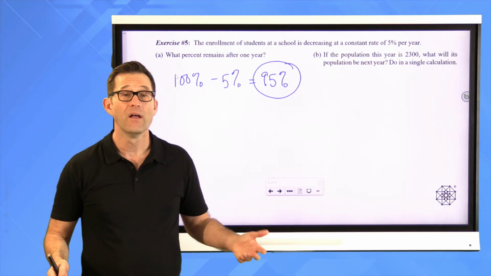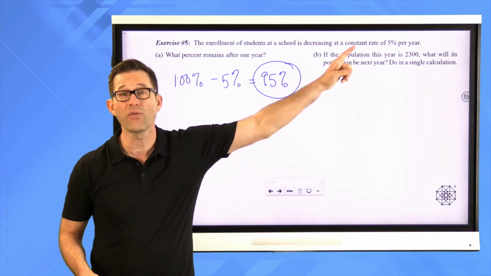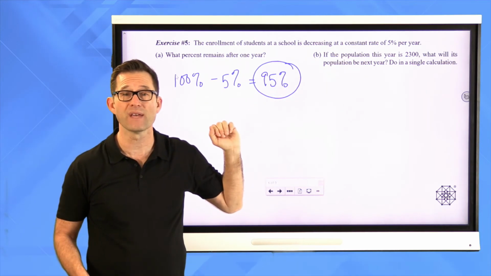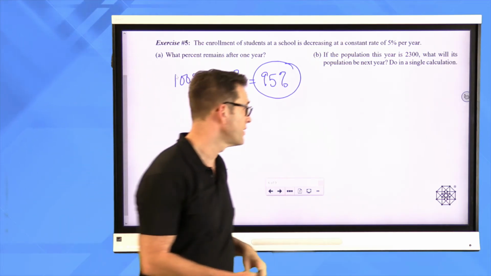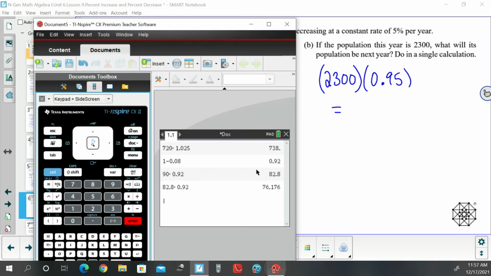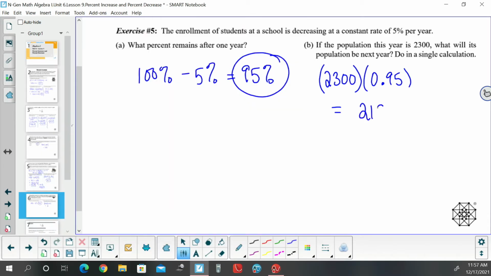Well, again, the whole idea now is I'm going to take 2,300 and multiply it by the decimal version of 95%, which is 0.95. So I simply have 2,300 times 0.95, and that will be 2,185.